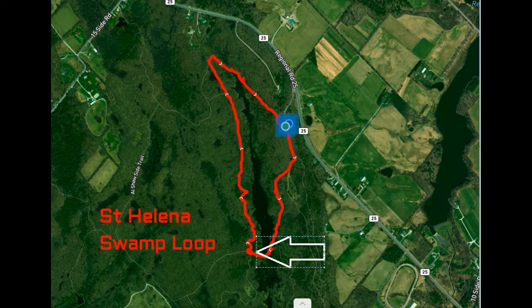I'm calling this the St Helena Swamp West Bank. This segment here is 1.2 kilometers. There are no blazes on that, but it is known to all trails. So look in the notes for the GPS coordinates here. This turn here is a little tricky.